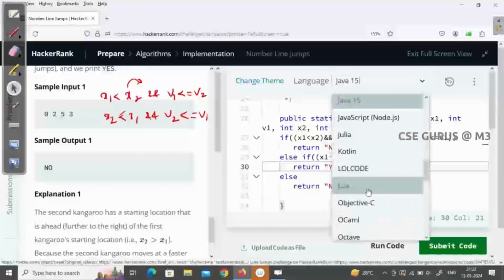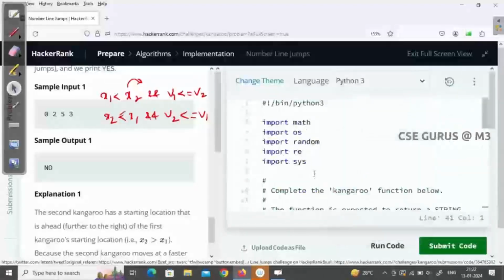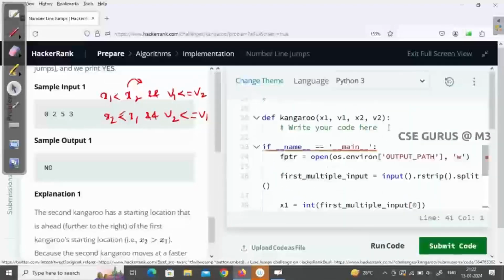So we'll try to go for Python too. Python code. Here I am writing the condition.